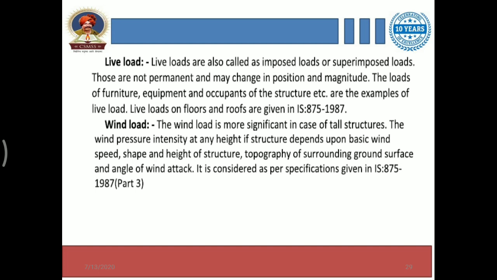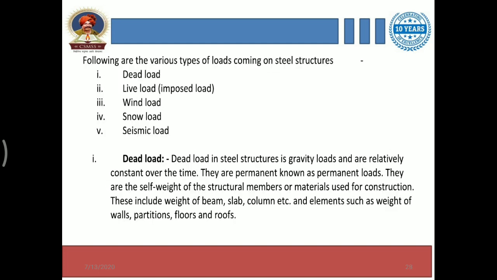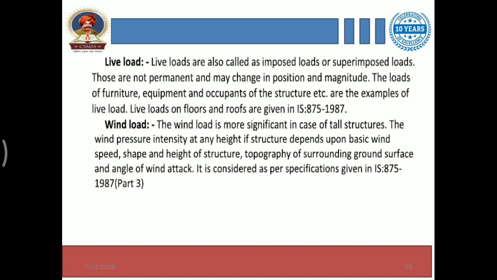And this is mentioned in the IS code IS 875 1987, and the dead load is mentioned in IS 875 1987 part 1, and live load comes under IS 875 1987 part 2.